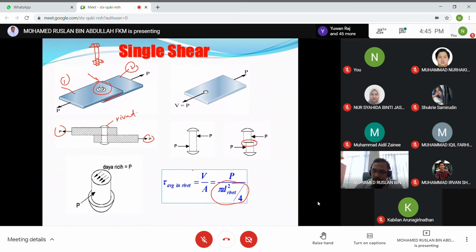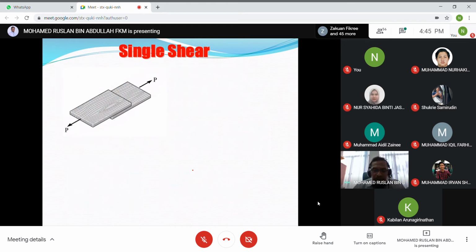This is for single shear. The same thing applies if you join, for example, wood or paper. Sometimes we do not join metal using glue; normally we use glue to join paper. This is the area covered by the glue.